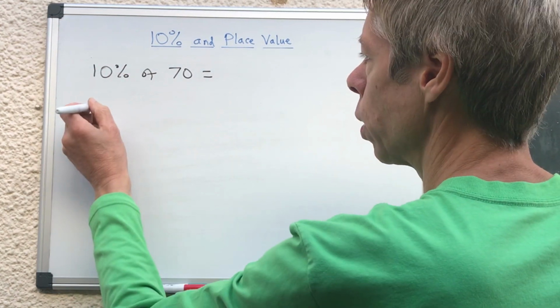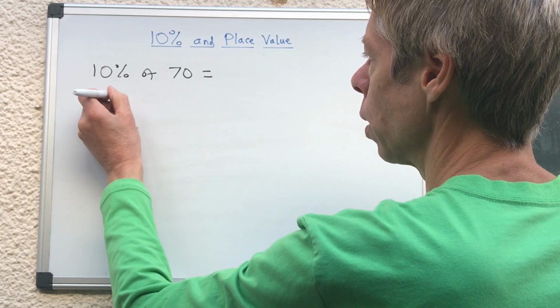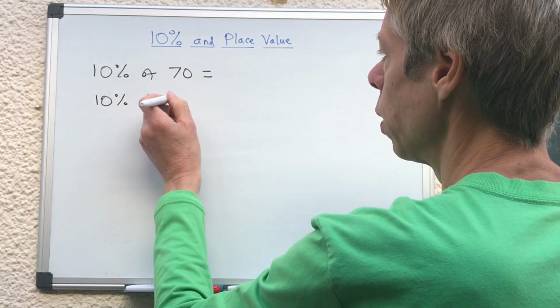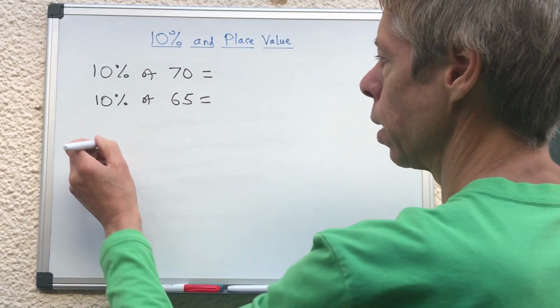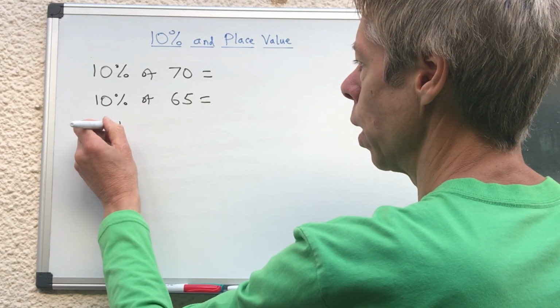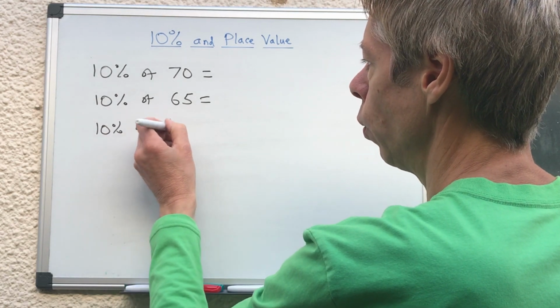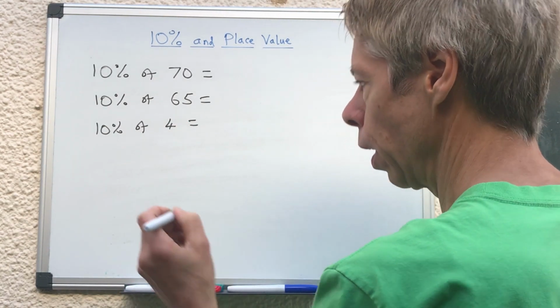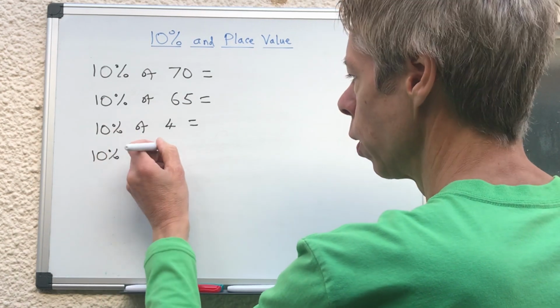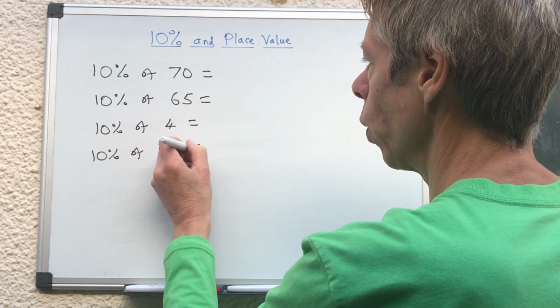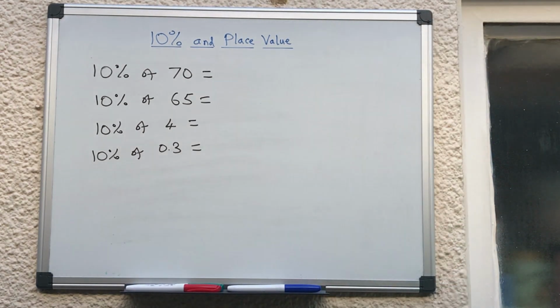Question 2, what is 10% of 65? Question 3, what is 10% of 4? And then the last question, what is 10% of 0.3? Okay, so if you haven't worked them all out yet, then pause the video, work them out, and then I'll go through them.